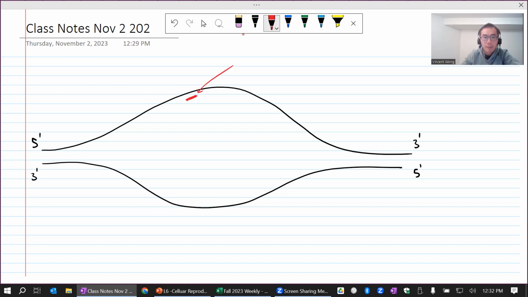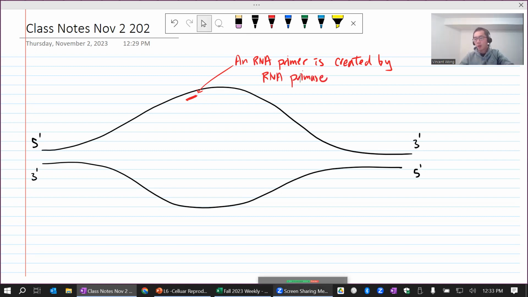An RNA primer is created by the enzyme RNA primase. It's just a few nucleotides that helps position the DNA polymerase 3 so that it knows where to start.